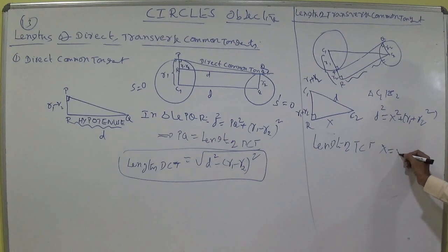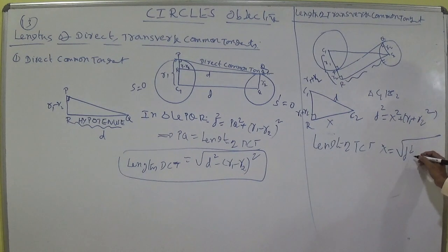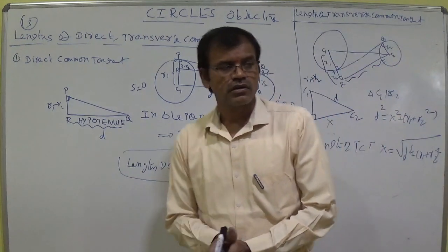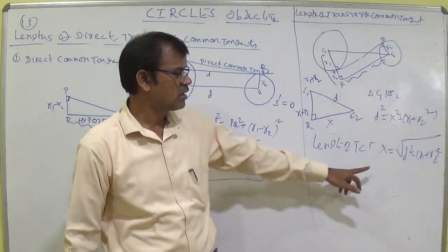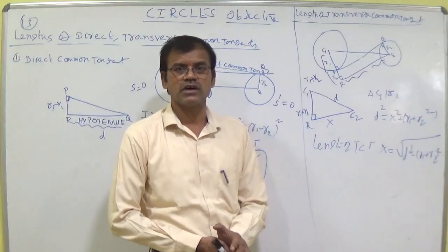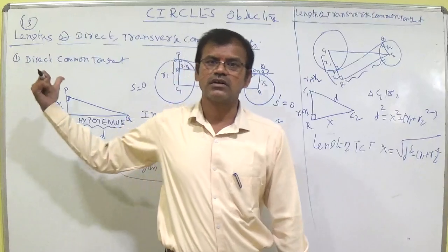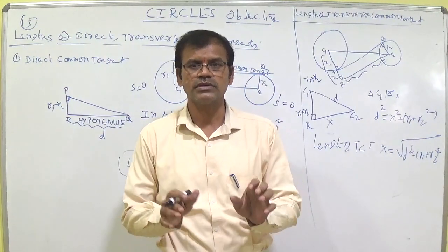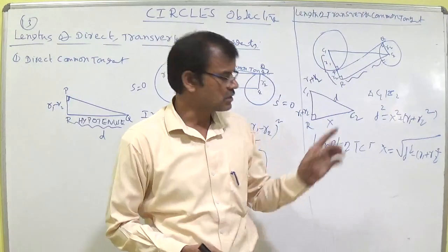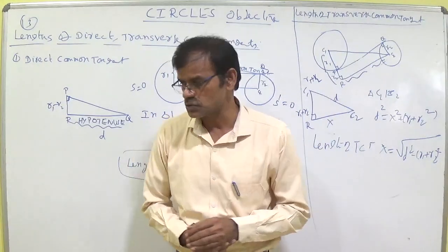X becomes the square root of D square minus (r1 plus r2) whole square. That is the transverse common tangent formula, and the length of the direct common tangent formula is the square root of D square minus (r1 minus r2) whole square. Proof is not needed, students, but the sum is needed in MHT-CET and Mains also.